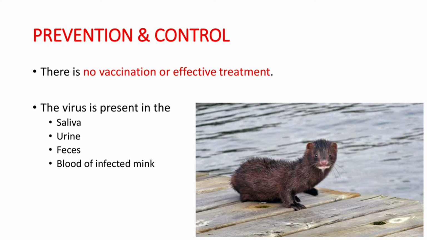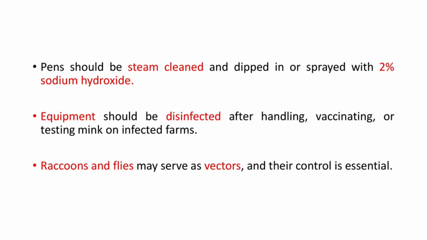Prevention and control measures. So the thing that we should remember is there is no vaccination or effective treatment for Aleutian disease of mink. And virus is present in saliva, urine, feces and blood of infected mink. So what are the prevention and control measures?